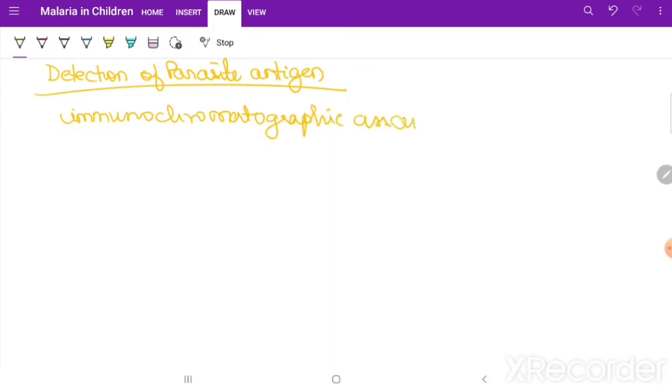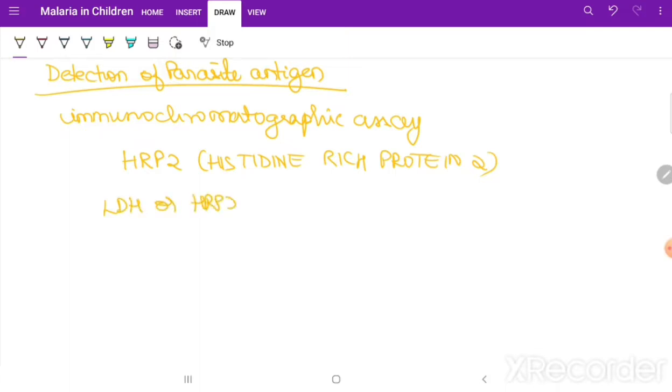These assays will detect HRP2. What is HRP2? Histidine rich protein 2. These are specific to falciparum actually, whereas if you take LDH or HRP2 along with aldolase, this can be present in all 4 species.